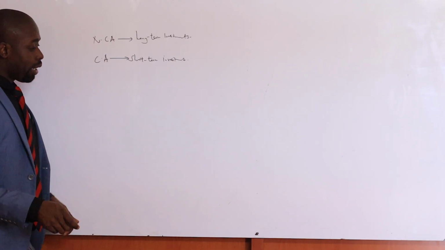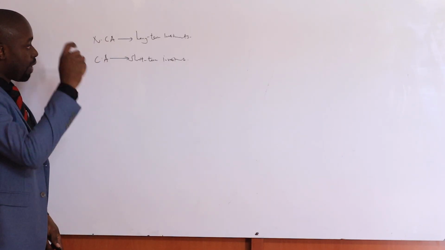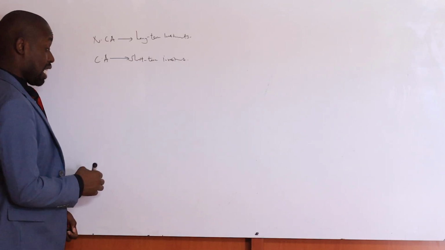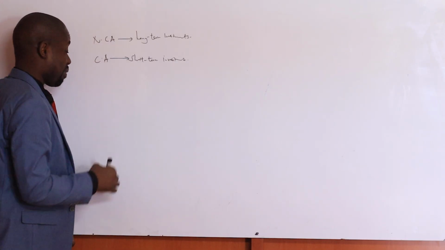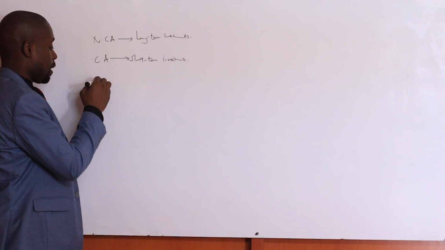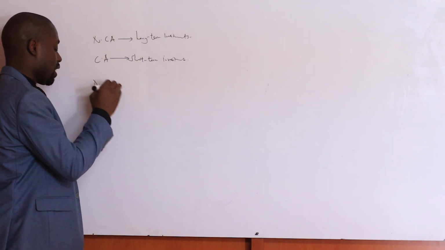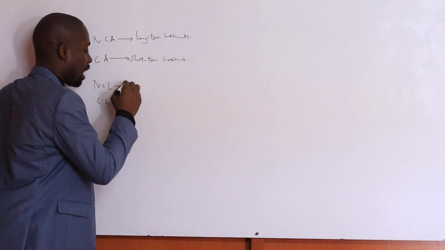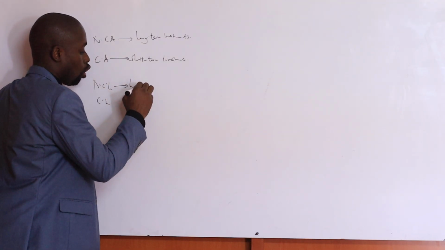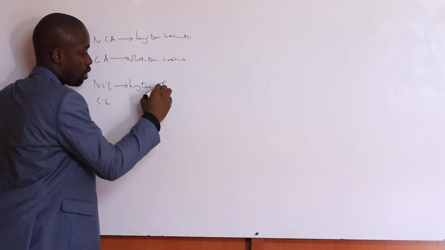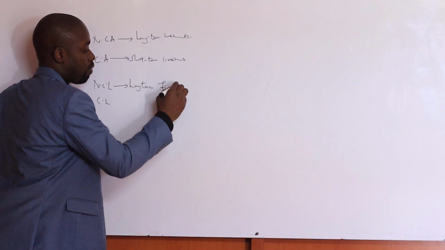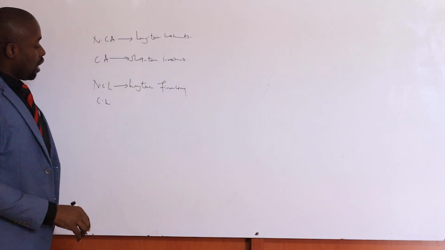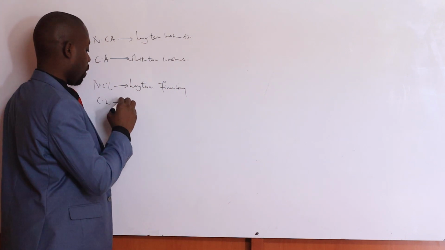So short-term financing refers to current liabilities. So on liabilities, I talked about what? I talked about non-current liabilities and current liabilities. So non-current liabilities are what? Also called long-term financing. Long-term source of finance. And then current liabilities are what?